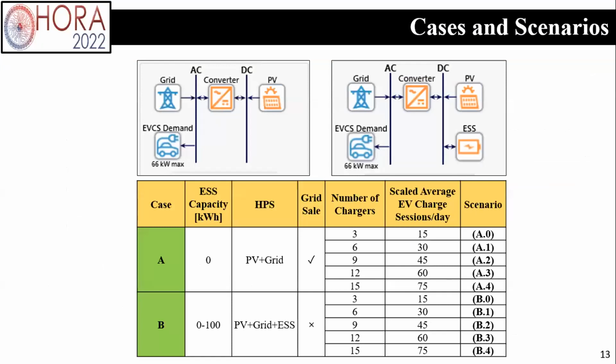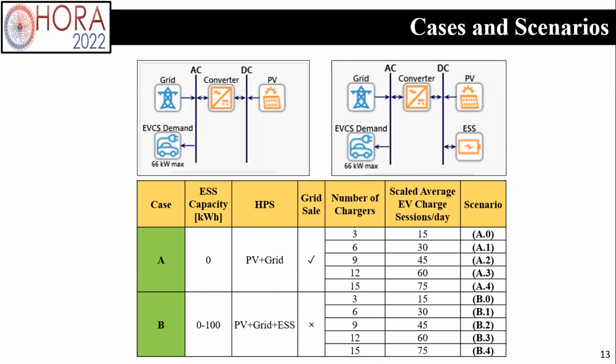When passing to the cases, case A has been created for situations where electricity sales are not restricted and ESS isn't preferred. Then ESS was included in HBS at determined capacity limits, for example, 20, 40, 60, 80, and 100 kilowatt hours, as case B. Here, to see the advantages of ESS more clearly, it is assumed that the sales of electricity to the grid are restricted.